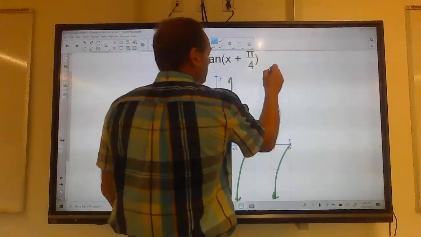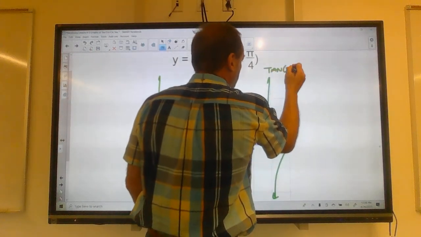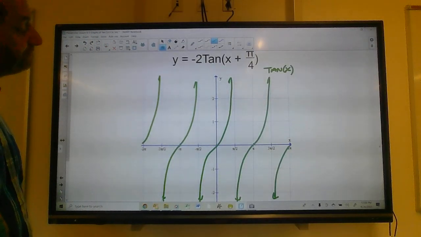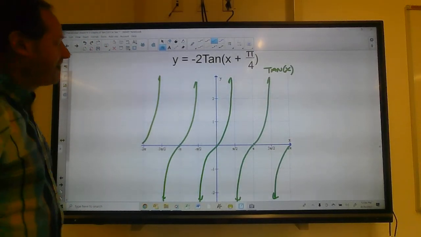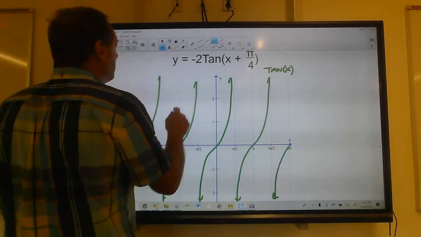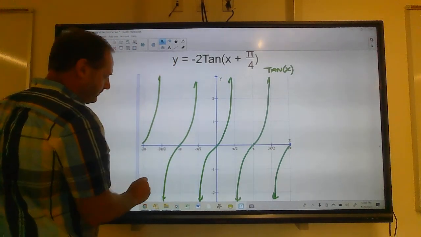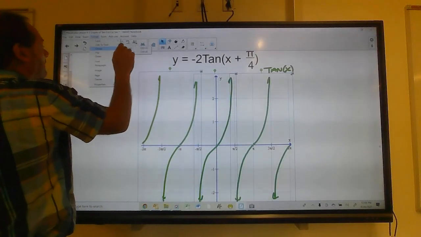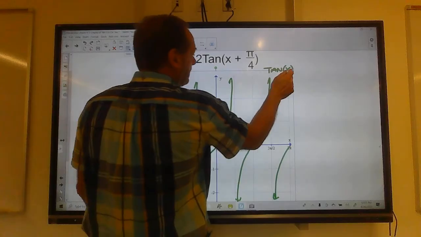So there's tangent. Okay, now plus pi over 4. So pi over 4 is going to shift this thing pi over 4 to the left.